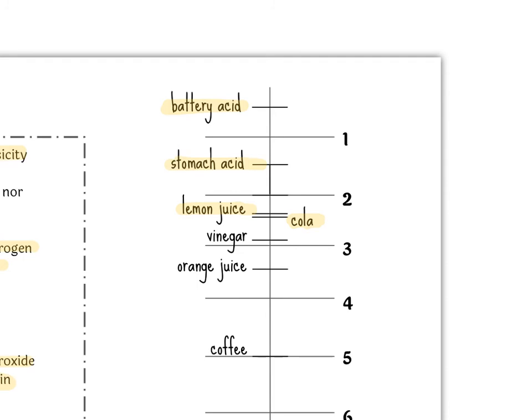Moving on to a pH of about 2.8, vinegar. Just to remind you, as we're going down this way, or as we're increasing in number, it is getting less acidic. The most acidic thing is going to be up here. So at a pH of about 3.5, we have another citric acid, orange juice.